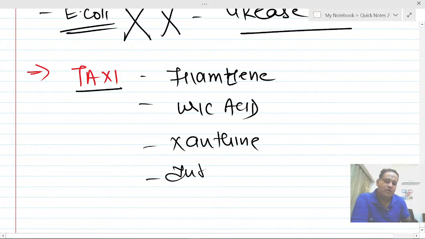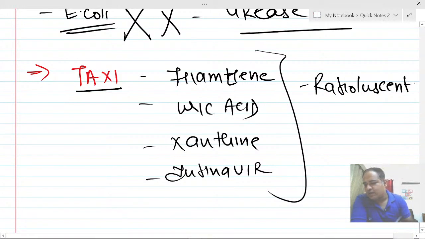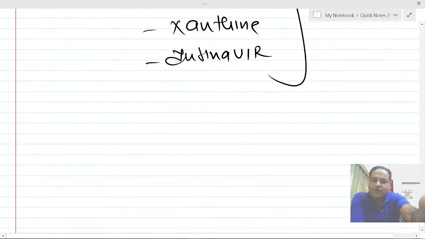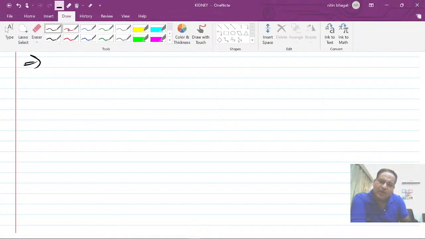Fine. Indinavir. So these are the stones which are radiolucent. Fine. Now we will see some of the other stones also.